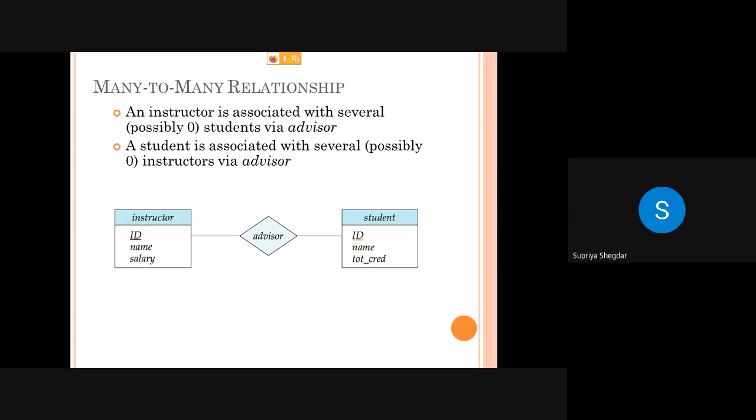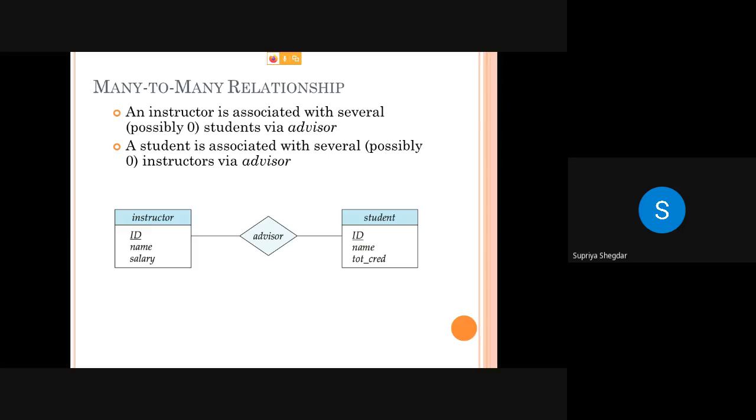So in the ER diagram, where we have to show the cardinality or relationship between the entity sets, we can use one of these. If the one-to-one relationship is there, we use the directed line attached to both entity sets.